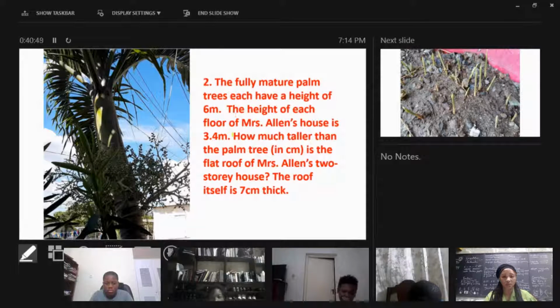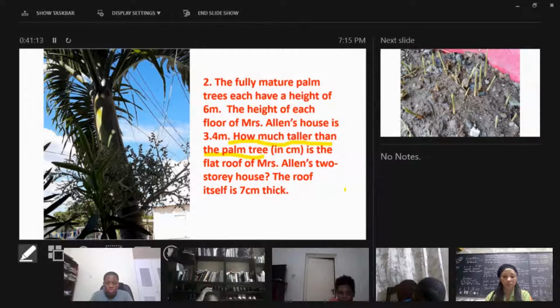So, the question: how much taller than the palm tree is the flat roof of Mrs. Allen's two-story house? Miss, am I supposed to include the flat roof?